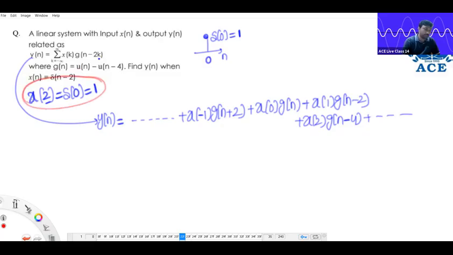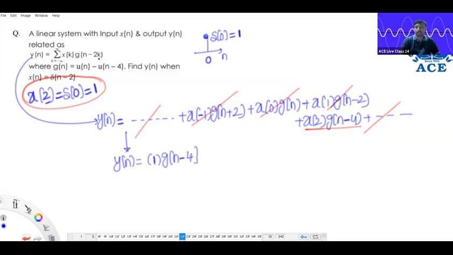The delayed impulse is valid only at 2. Rest of all amplitudes are 0. So automatically, as x[2] is 1, answer becomes g of n minus 4.